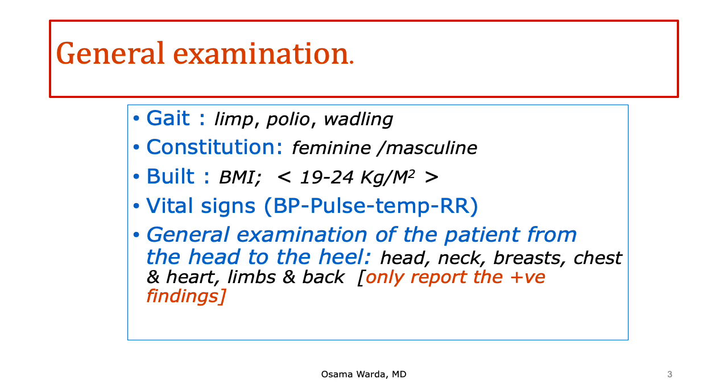If she is limping, if she had a weak limb, for example, from poliomyelitis, previous polio, or if she was waddling. These types of abnormal gaits may give a clue for the type of pelvis that may affect the mode of delivery later on. The second item is the constitution.